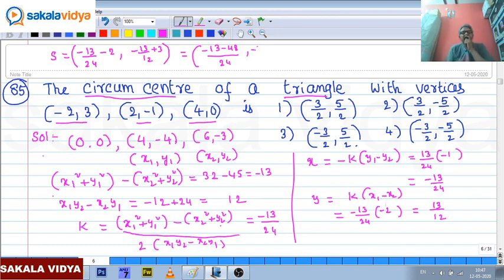Next, minus 13 plus 36 by 24 you will be getting. This we are getting. Same thing only I did it. So actually here vertices may be wrong. I will check later. Okay.